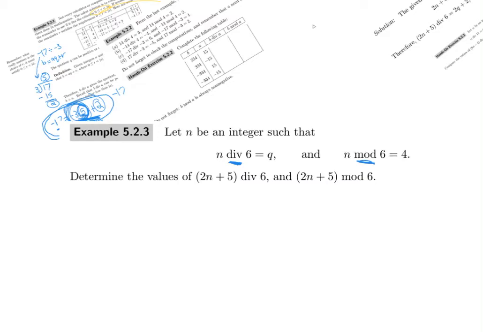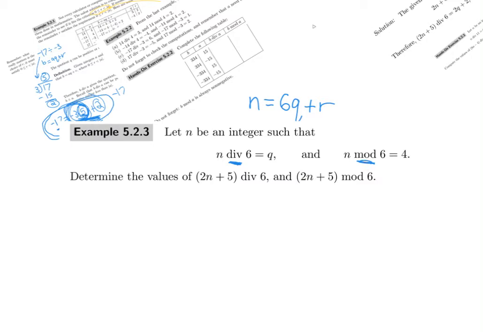So we have n equals 6q plus r. And they called that quotient q, so what I've written here is consistent with what they're giving in the problem.